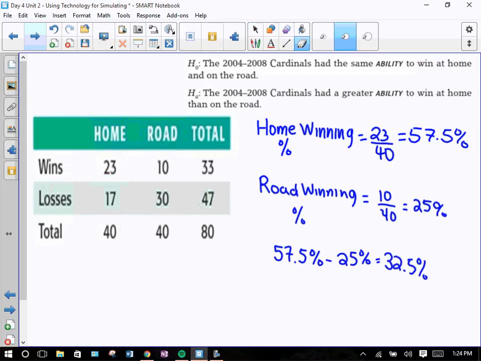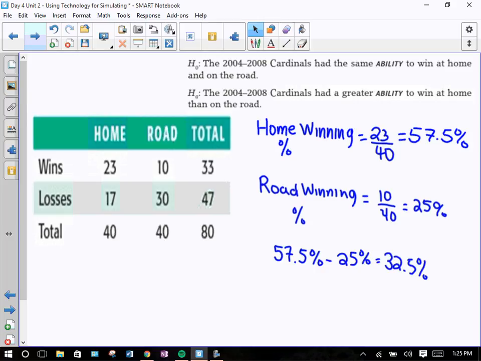Instead of looking at just the 2008 season of the Arizona Cardinals, I want you to write this and the hypothesis down. We are going to take the 2004 season all the way to the 2008 season. Meaning, we're looking at the 2004, 2005, 2006, 2007, and 2008 seasons. 5 seasons.